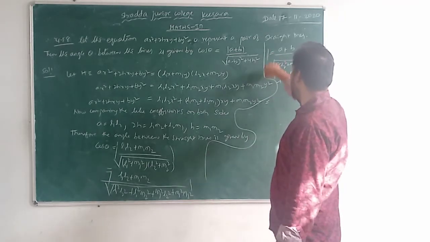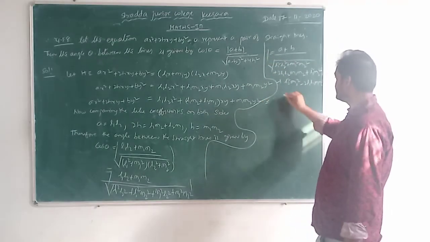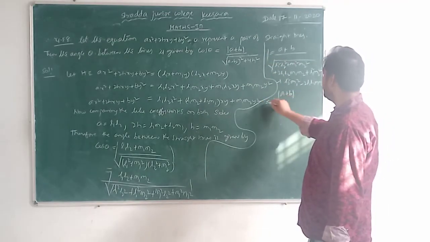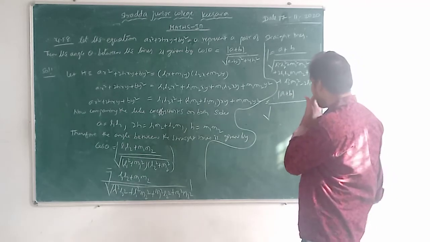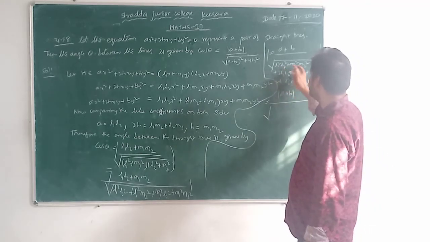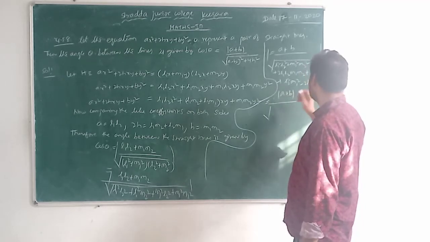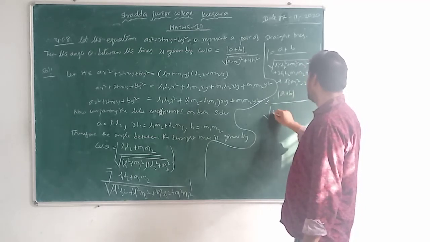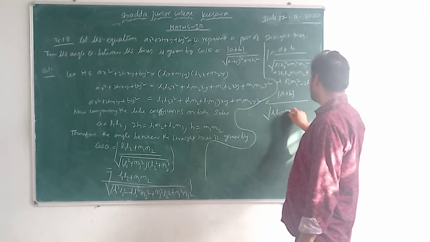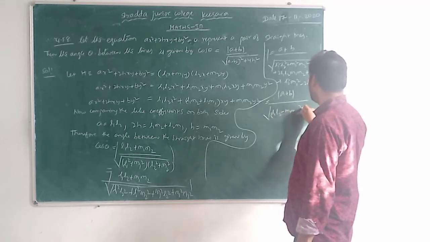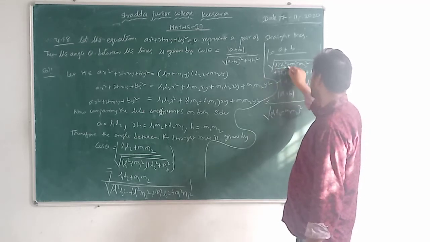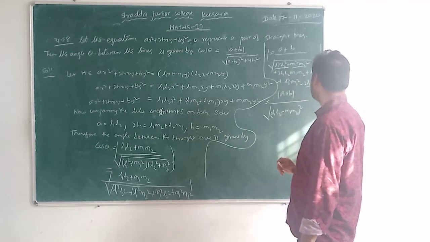Now this is equals to, how we can write this is a plus b by square root of, a square plus b square plus 2ab, means how we can write that is minus 2ab we take, then L1 L2 minus m1 m2 whole square. Take this term a square plus b square minus 2ab.